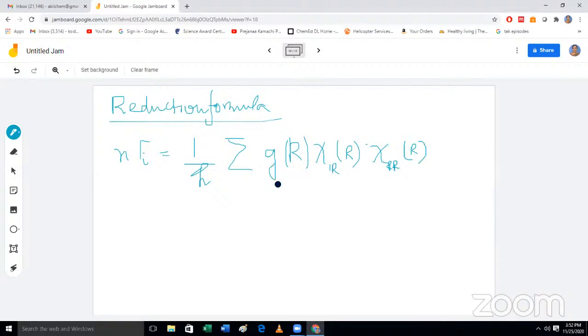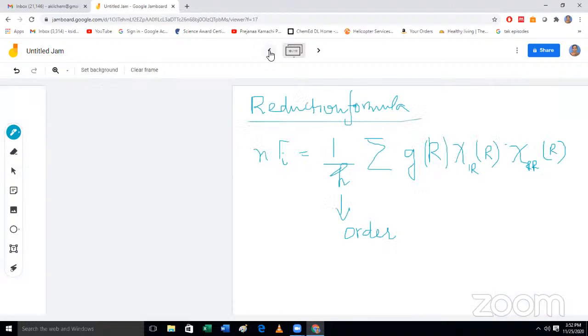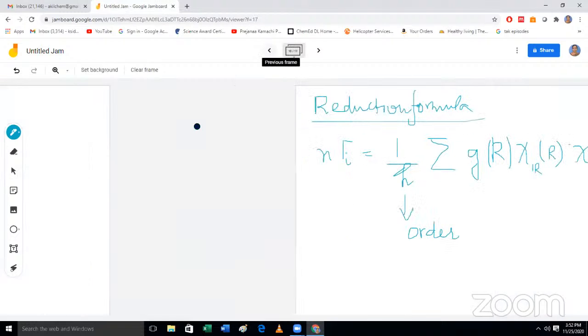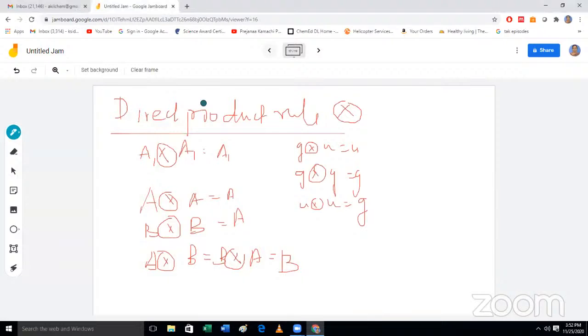So what is this g? First of all, what is this h? H is equal to the order. Okay, and then what is g? G is the coefficient of R. In the case of C3v, this is the coefficient g. So the coefficient of R, any representation.